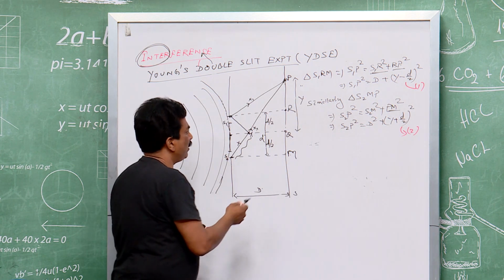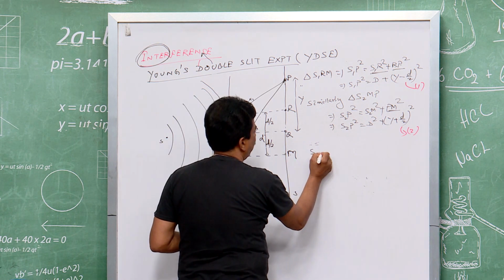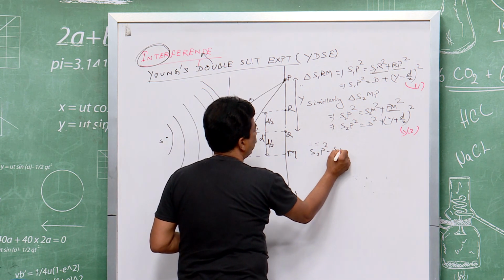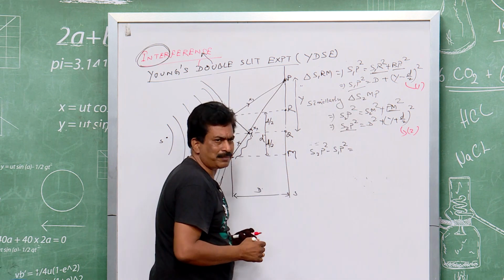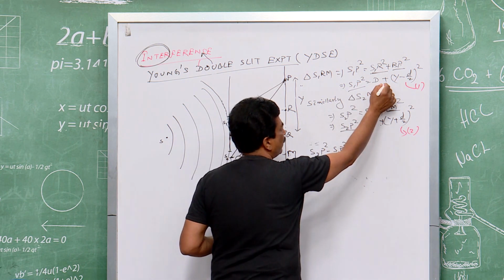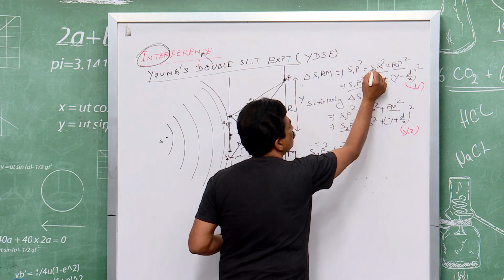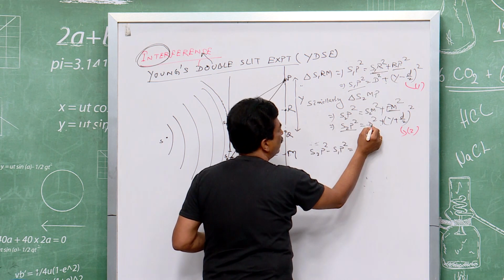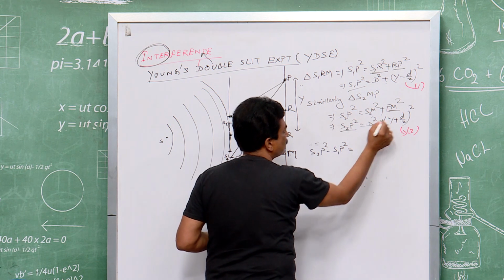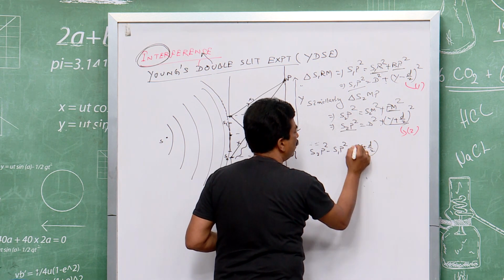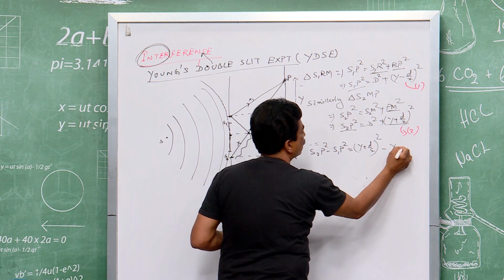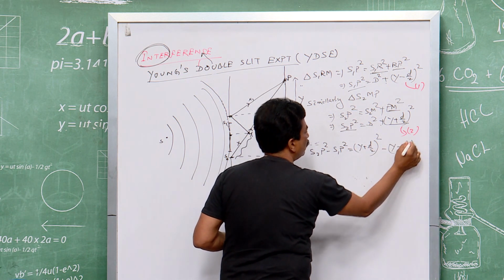From 1 and 2, if we subtract S2P square minus S1P square, it is equal to this minus this. S1R square means D square, so D square will cancel. Then this is Y plus D by 2 whole square minus Y minus D by 2 whole square.